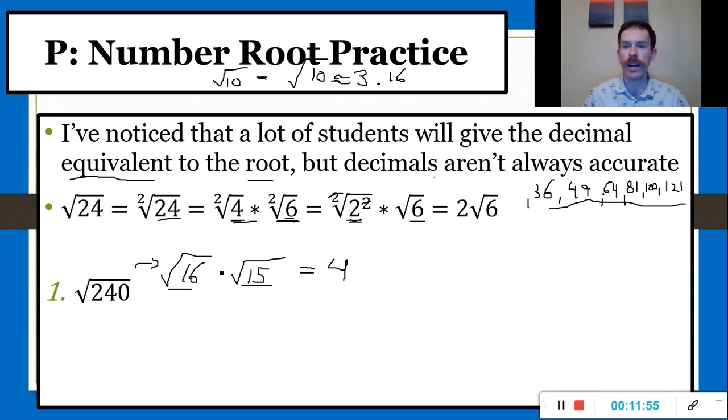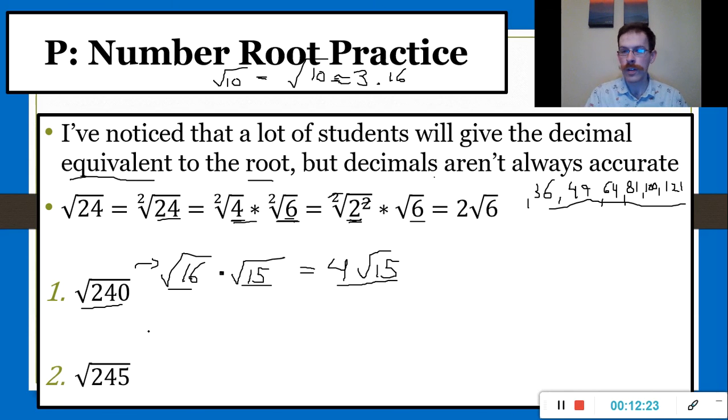They don't break down perfectly on a square root. So I have to keep this as a square root of 15. So the square root of 240 is the same thing as 4 square roots of 15, which is more accurate than 15 point something.